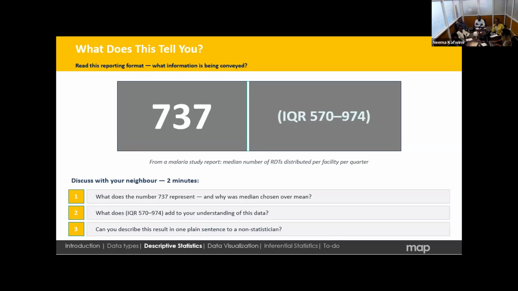So let's look at this and discuss together in 2 minutes. What does this tell you? This is from a malaria study report. You have a median number of RDTs distributed per facility per quarter. What does the number 737 represent? And why was the median chosen over the mean? Can someone volunteer on that?